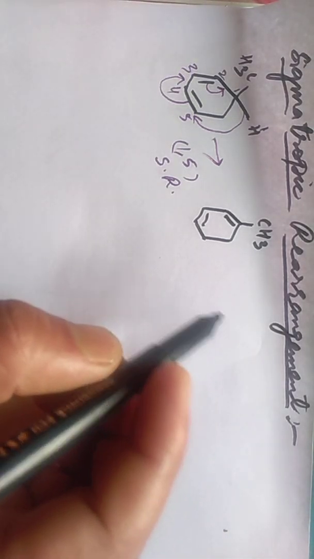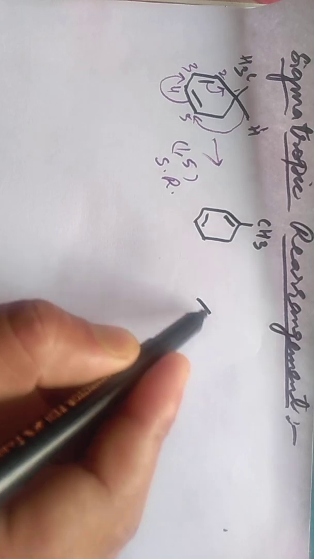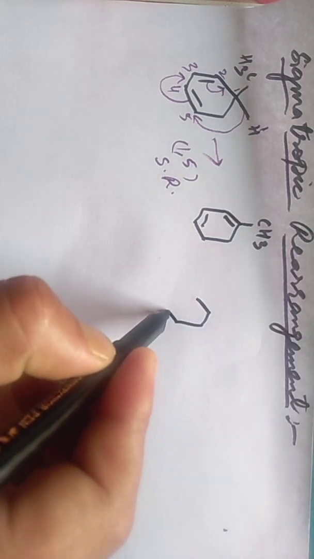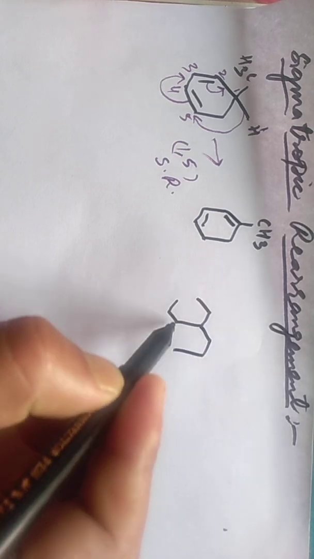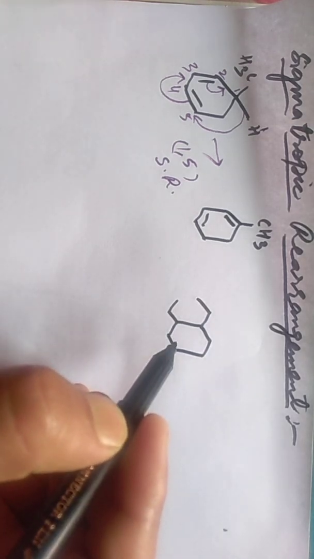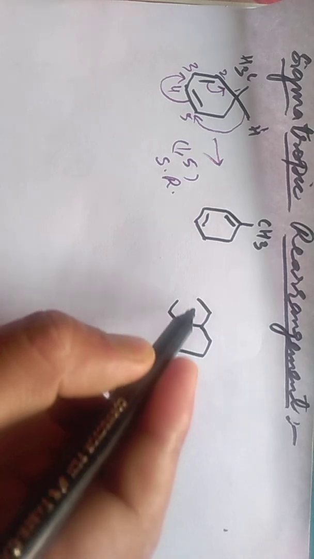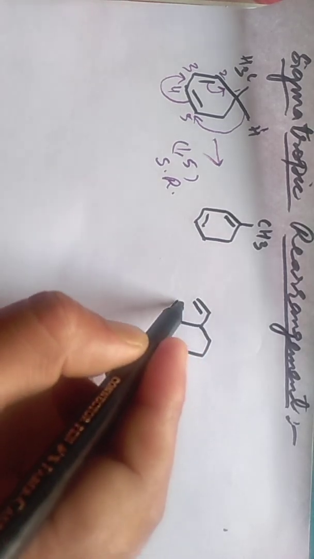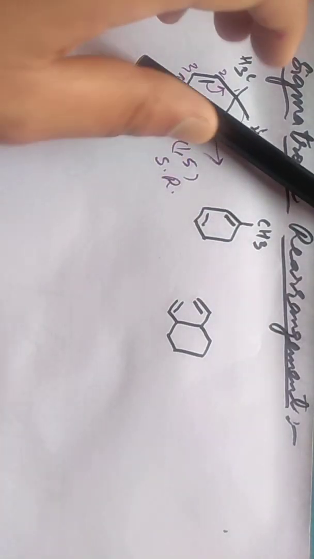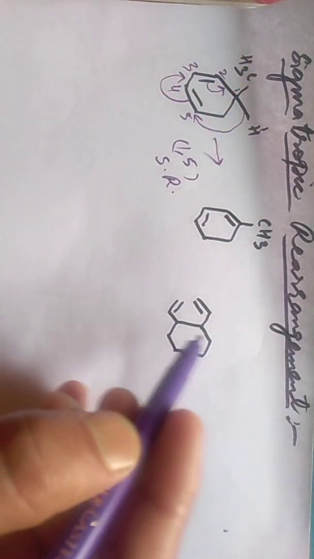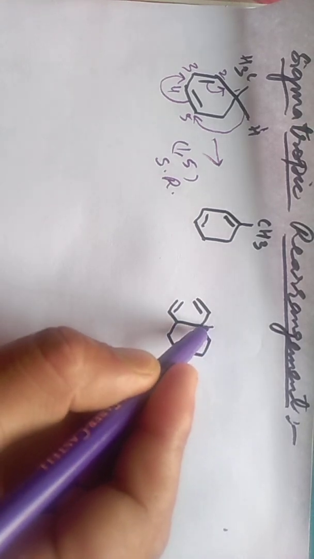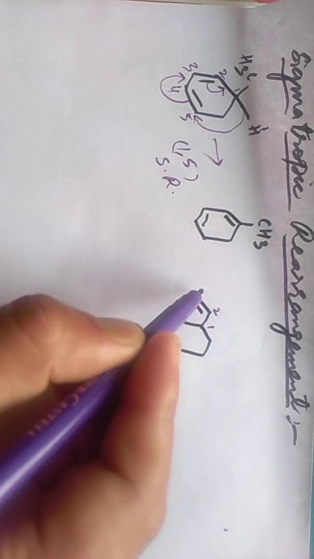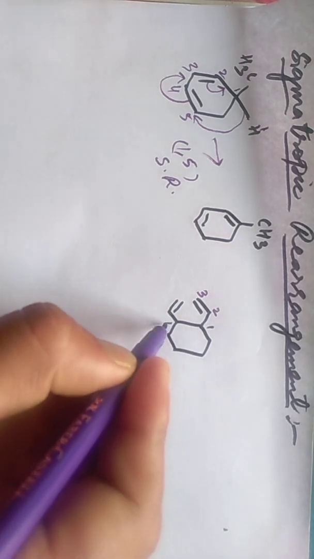Now this is some more example. This is another example of sigmatropic rearrangement. In this case, this is the allylic bond. So we start numbering from this allylic bond to both sides.